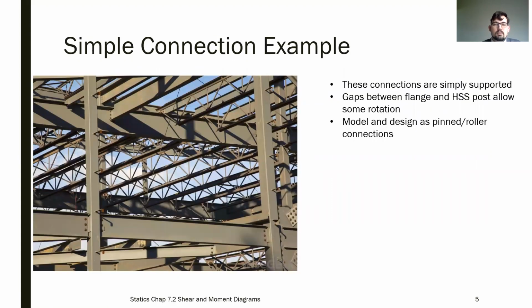Very simple example of a simple connection is these sort of middle beams right here that are going from column to column. And if you notice, it's hard to see, but if you look really closely right there, you're actually going to see, if this is our column, let's draw that again.